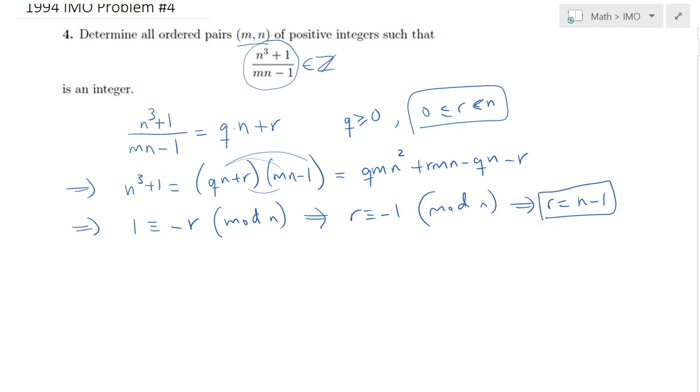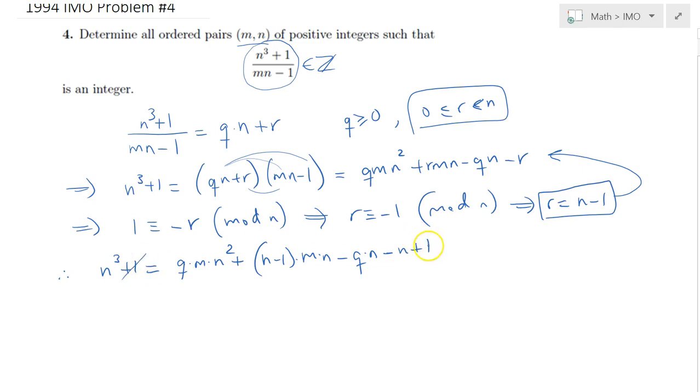Now I can plug this back into the equation. Let me do it in 2 steps: n cubed plus 1 is equal to q times m times n squared plus r, we replaced it with n minus 1 times m times n, minus q times n, minus n plus 1.